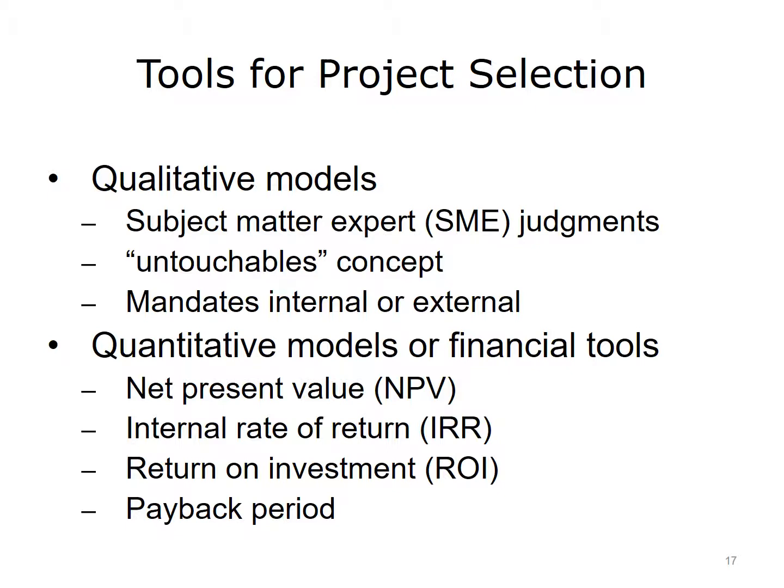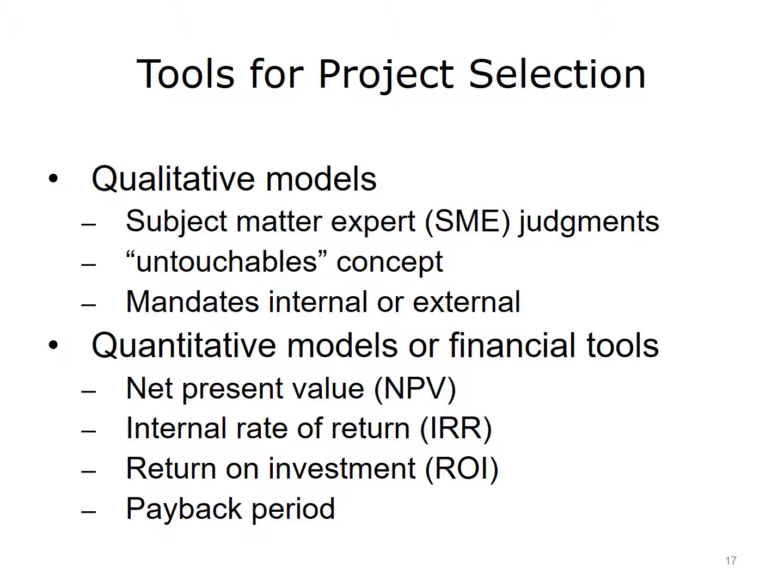If further analysis is required, there are various qualitative and quantitative approaches and tools that can be applied to project selection. On the qualitative side, project selection often comes down to subject matter expert judgment, the idea that certain projects that are considered must-do and therefore untouchable in a project selection process. Finally, there are internal or external mandates, projects that are absolutely required for one reason or another.